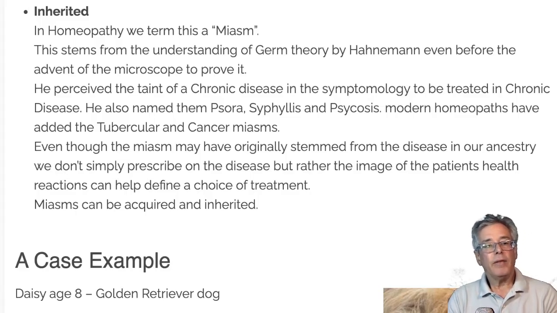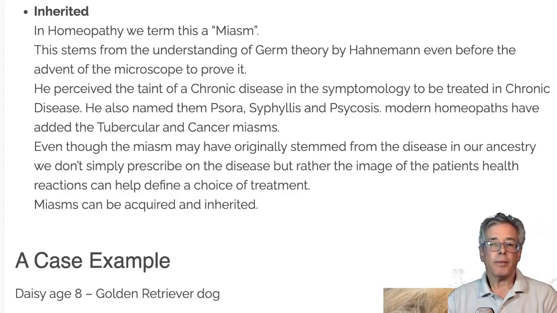And even though a miasm may have originally stemmed from one of those diseases in our ancestry, we simply don't prescribe on the disease, but rather the image of the patient's health reactions. That we can use the information to help define a choice of treatment. Miasms, by the way, can be acquired or inherited.